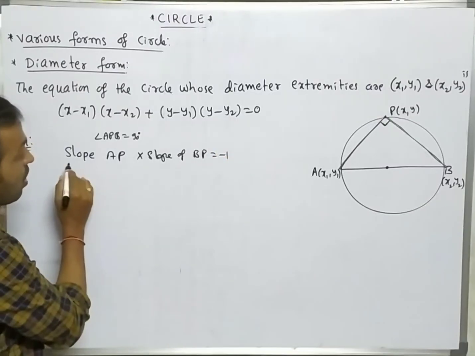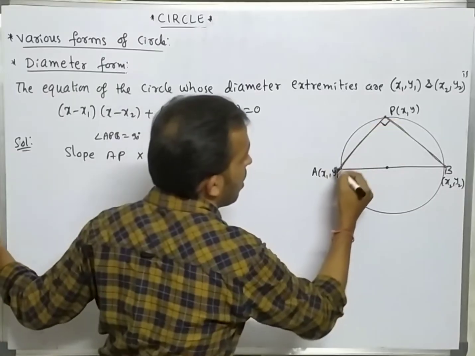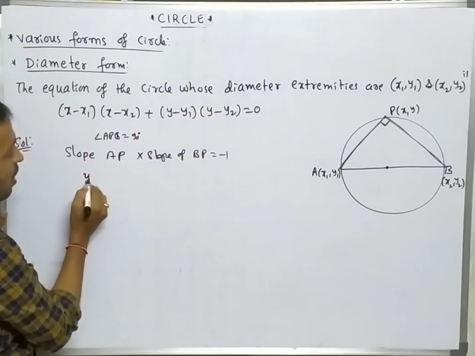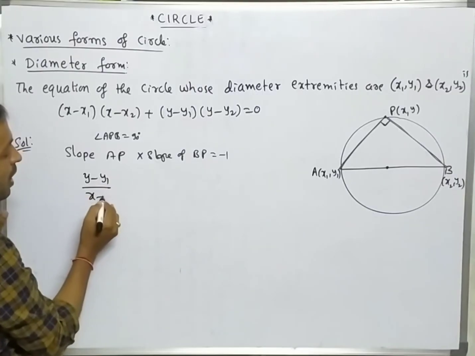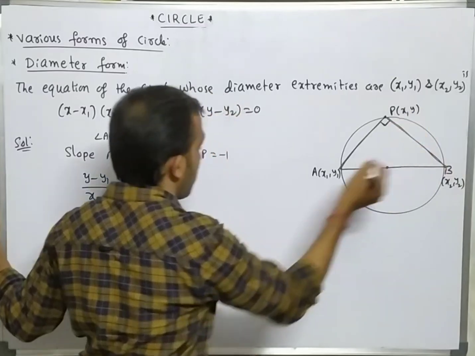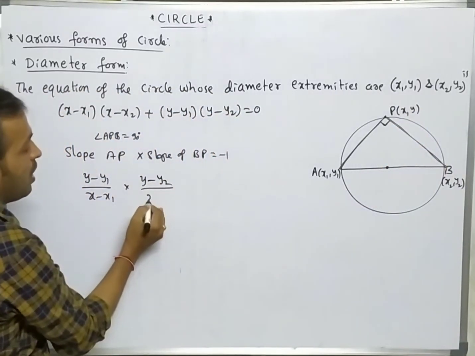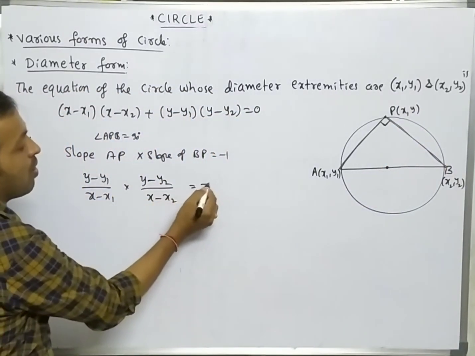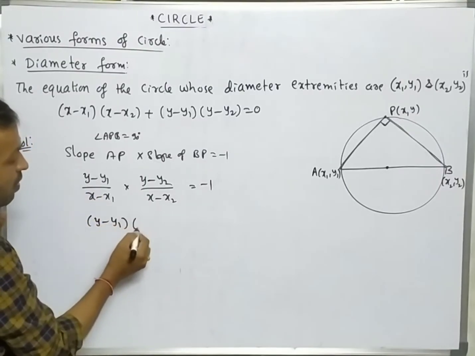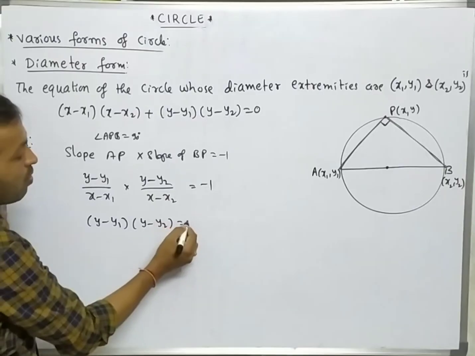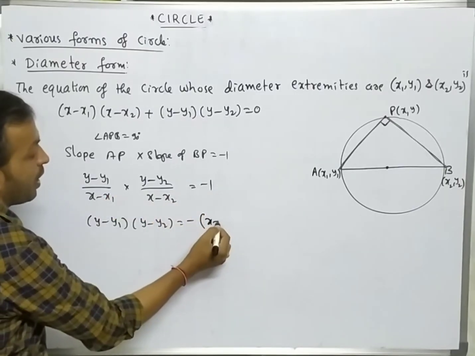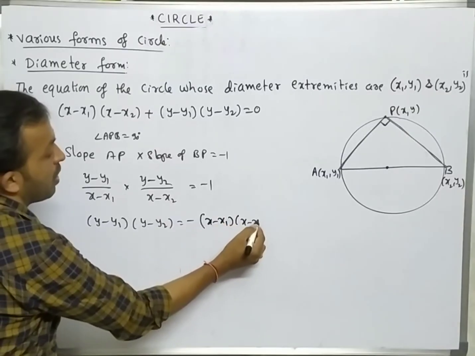So what is the slope formula of AP? (y2 minus y1) by (x2 minus x1), that means (y minus y1) by (x minus x1), into slope of BP, same formula, (y minus y2) by (x minus x2), is equal to minus 1. So (y minus y1)(y minus y2) is equal to minus 1 into (x minus x1)(x minus x2).